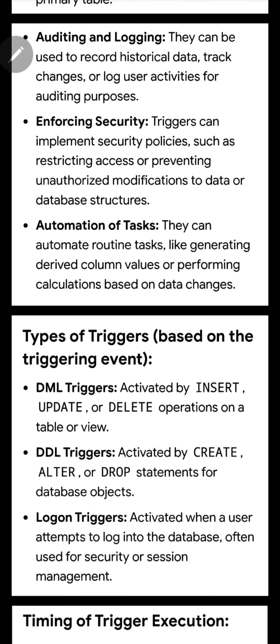They automate routine tasks like generating column values, performing some calculations based on certain changes. For example, let's say on the maturity of a particular investment which is being made, when that investment matures, the trigger will be generated automatically on that particular date or after those particular years.